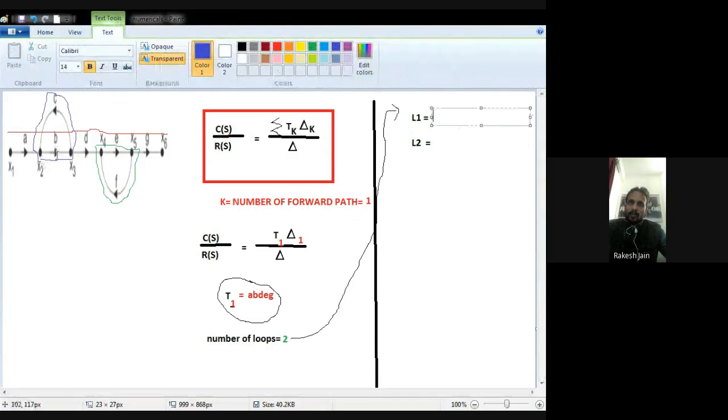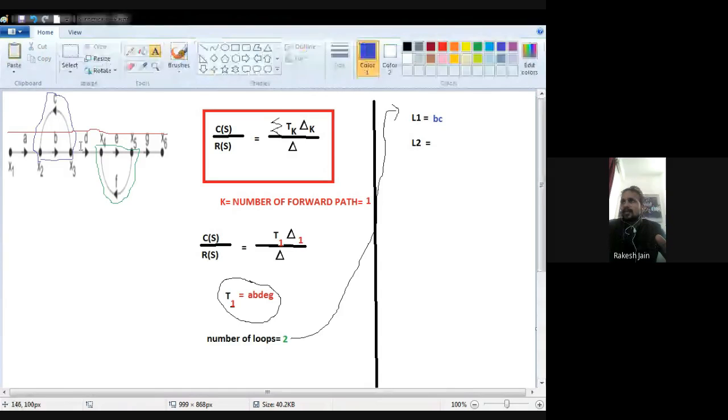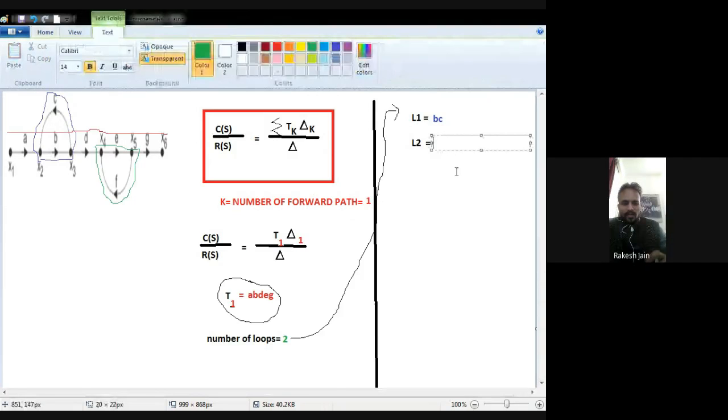In that loop there are two branches, and for the loop gain you just multiply their gains, B and C. So BC is my first loop gain. And what is my second loop gain? Because I encircled the second loop with green color, I write it with green color. EF is my second loop gain. So I found the loop gain values L1 and L2.